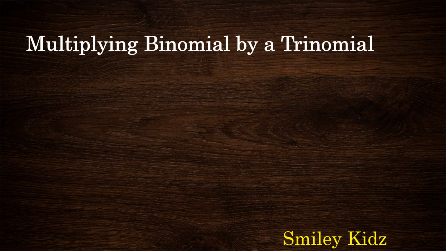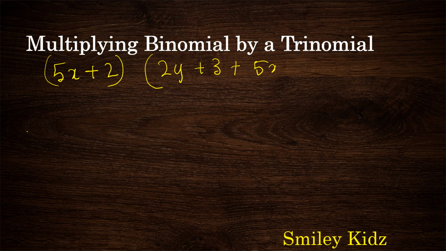And what if I need to multiply a binomial by a trinomial? Let's see an example. Let's say I have the binomial as 5x plus 2 and the trinomial as 2y plus 3 plus 5x. How am I going to multiply them? Again, you're going to do the same as we did for the previous example.